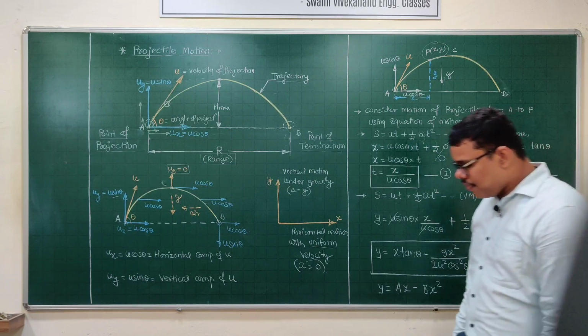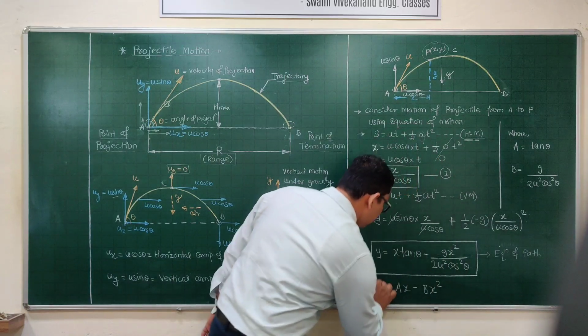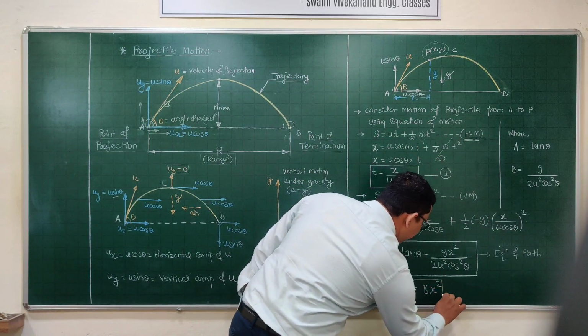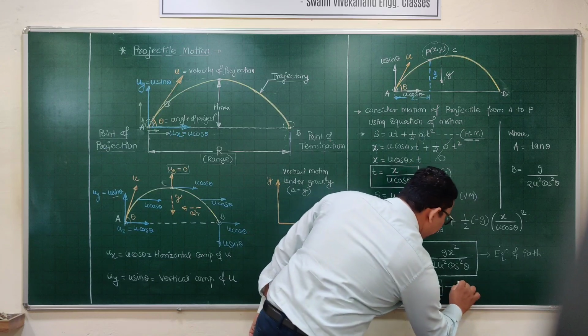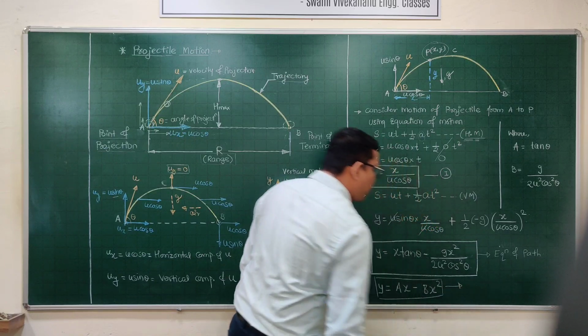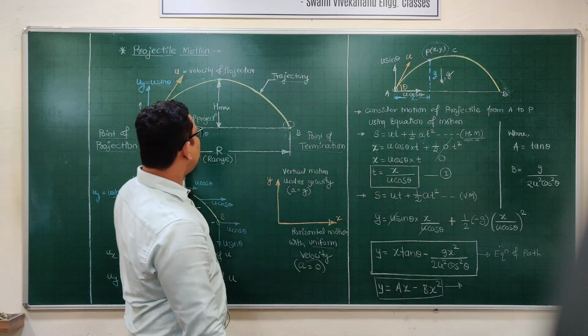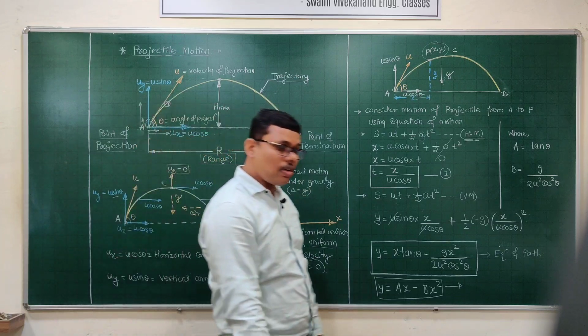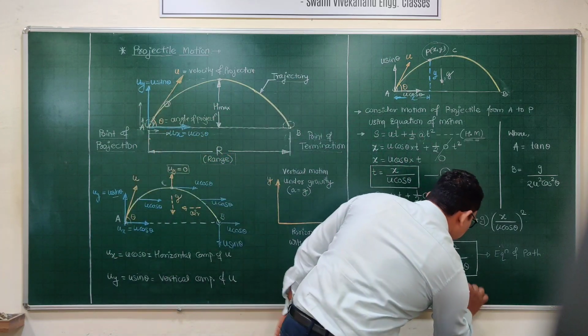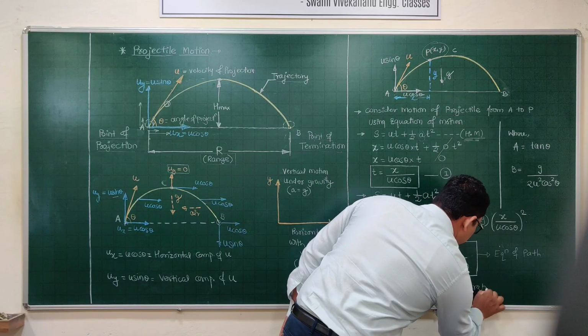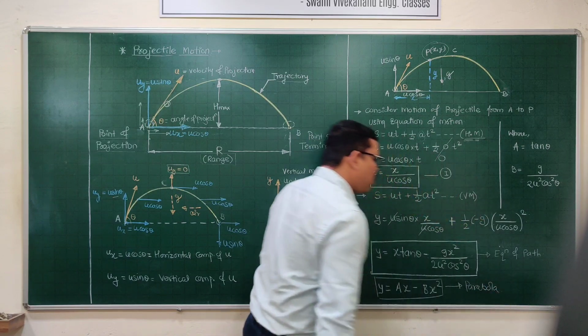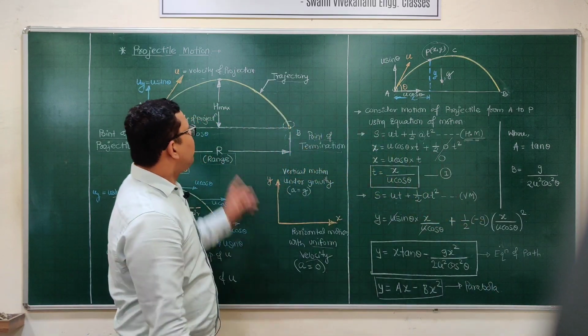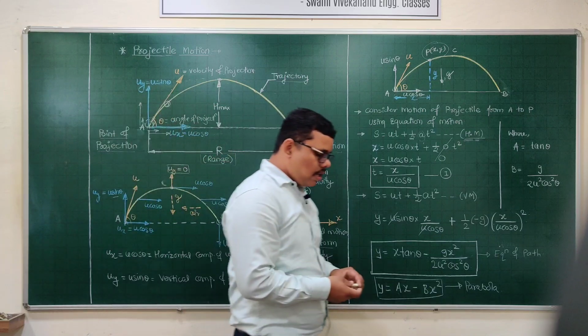So from this equation, that is y is equals to ax minus bx square, we can say the path followed by the projectile is what? Parabolic in nature, because this equation is of a parabola. Okay.